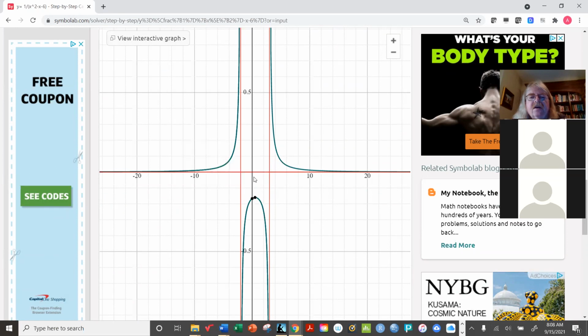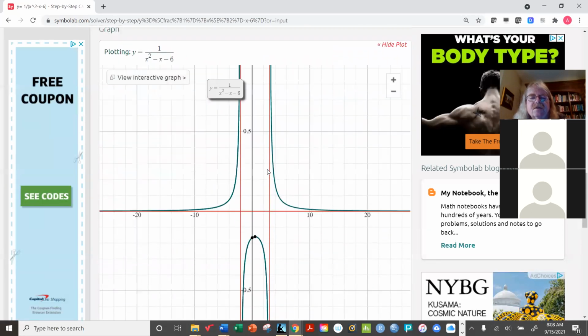It appears that they are 2. Oh, wait a minute. No, that's not right. It looks like it's positive 3 and negative 2. Now, we can prove that in a very easy way. But yes, you see these red lines. These are asymptotes. And that indicates that this value cannot be substituted into the function. And so just looking at it, there's 2 of them. This one looks like 3, and this is negative 2.